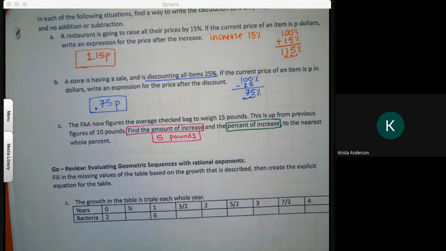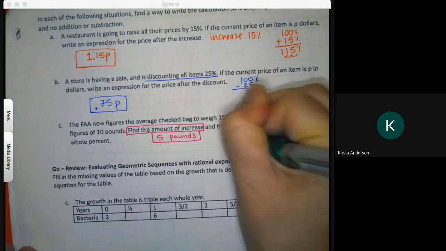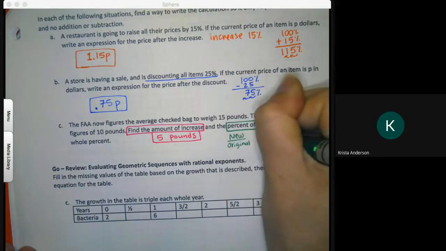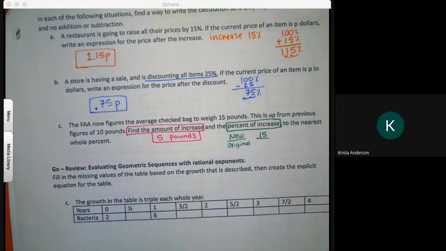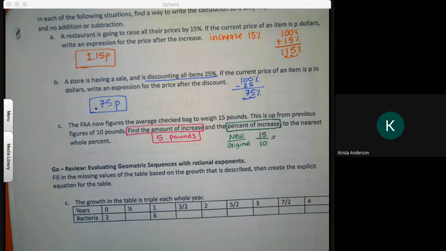Okay, what was the new weight? The new weight was 15. And what was the original weight? 10. When I calculate 15 over 10, what does it give you? What's the decimal? 1 point something. 1.5?